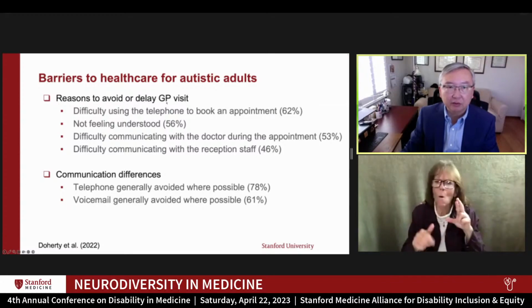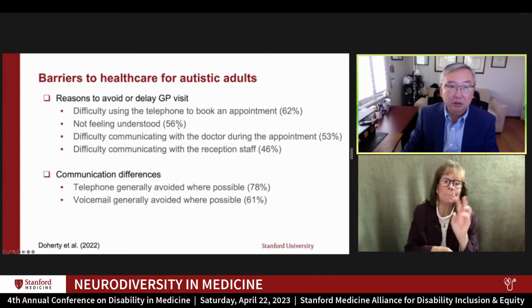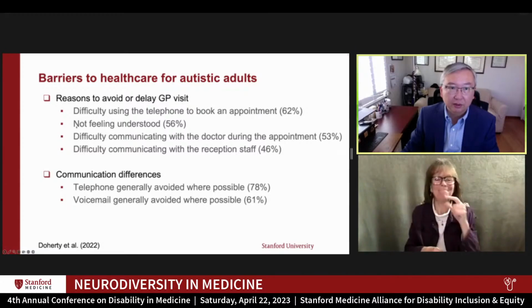What they found was that the barriers to healthcare for autistic adults include avoiding and delaying general practitioner visits. 62% of them indicated that they have difficulty using the telephone to book an appointment. 56% don't want to see a doctor because they do not feel understood. So more than half avoid doctors because they don't feel understood.